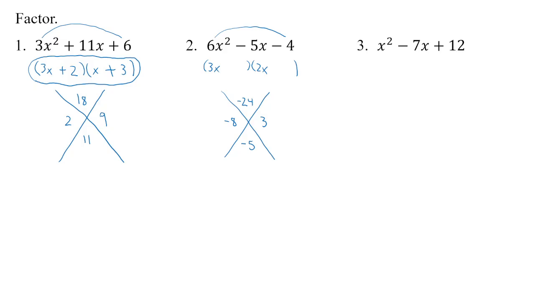Well, 3 can go into 3. Therefore, 3 divided by 3 is 1. Remember, do not write the quotient in the same group as your divisor. And -8 divided by 2 is -4. And therefore, your solution is 3x minus 4 times 2x plus 1.